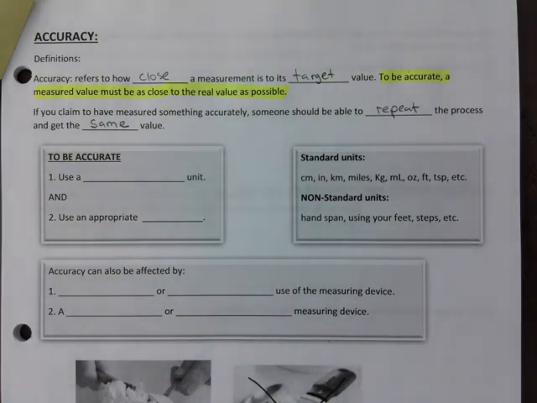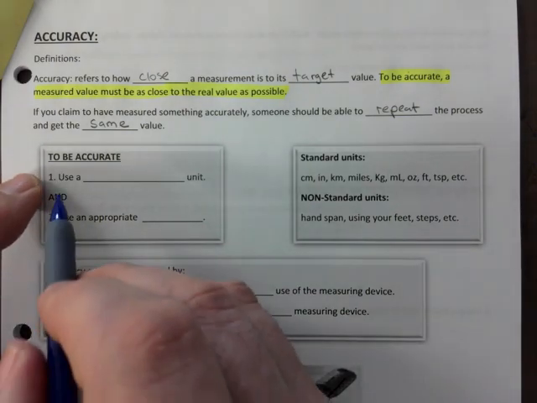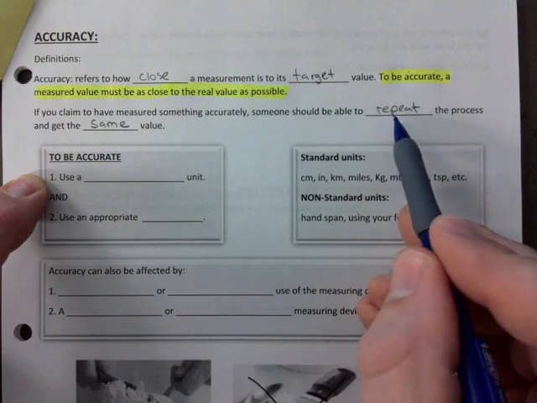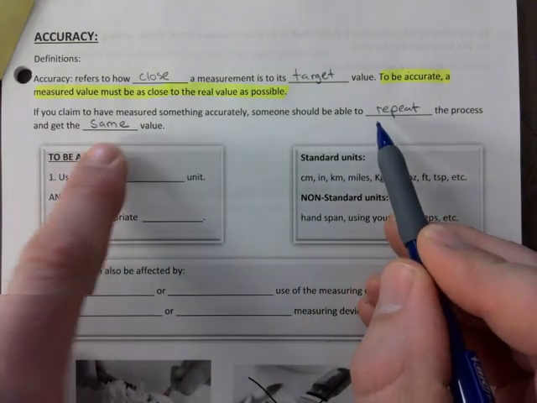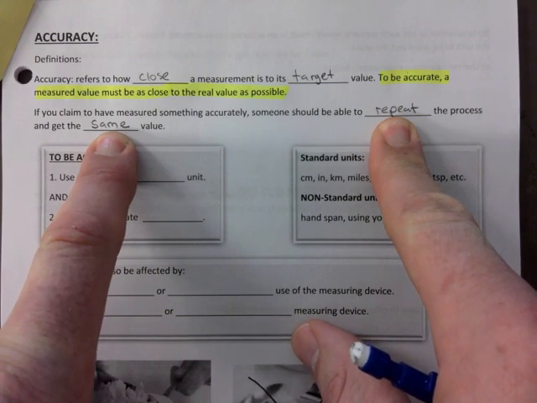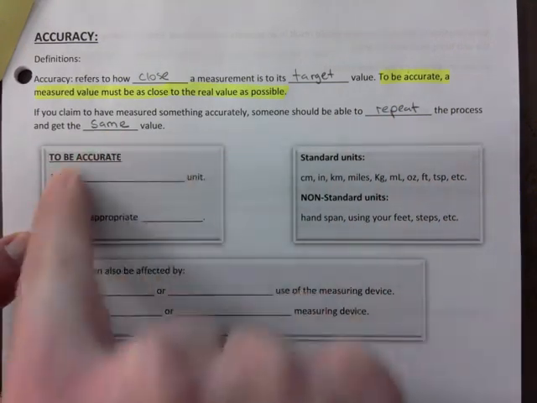Be like, hey, you measure that thing. And if that person can replicate it, it's like, hey, yeah, we are pretty accurate here, right? Your measurement was pretty accurate. So in order to be accurate, for someone to be able to repeat it and get the same value, you need these things here.